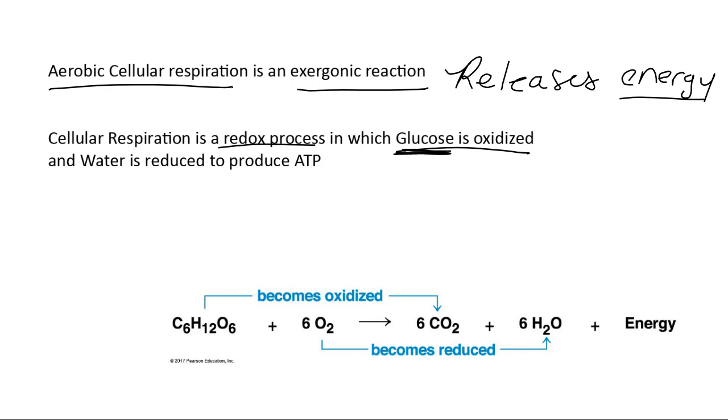So as the glucose is oxidized, we are harvesting the energy in those electron transport molecules, right? We're taking those electrons and shuffling them to the last step. And then water is reduced to produce ATP. So water is reduced from the oxygen that you breathe.